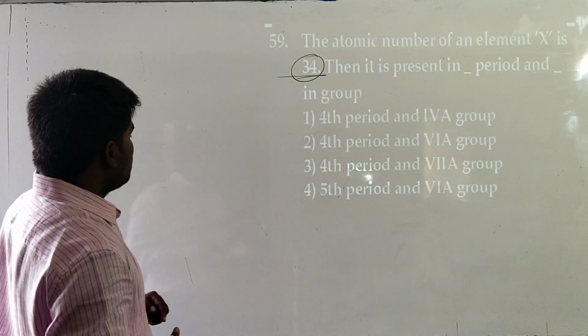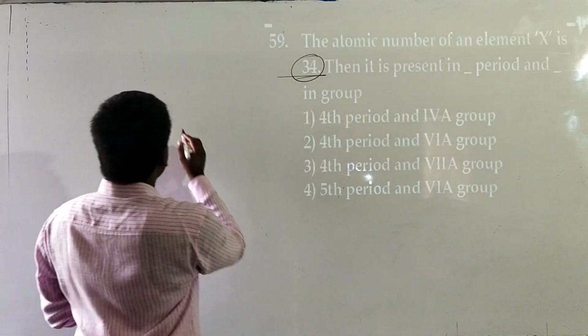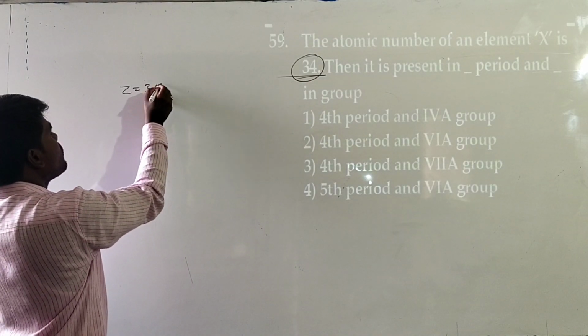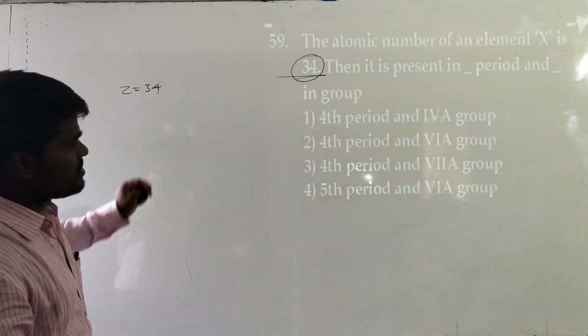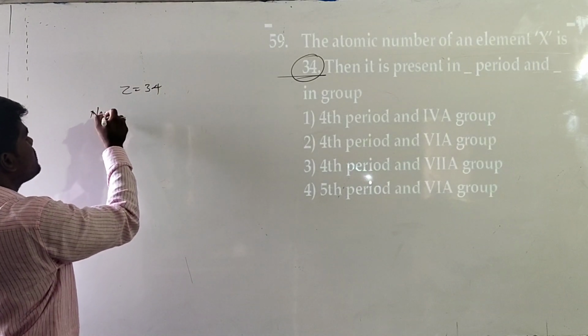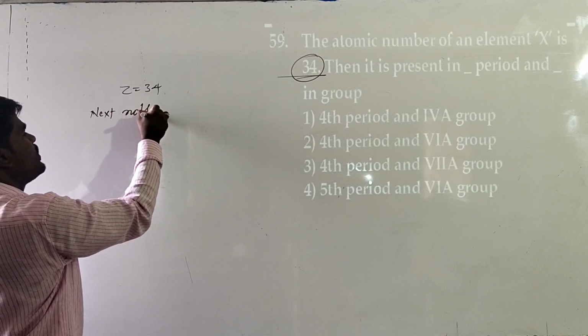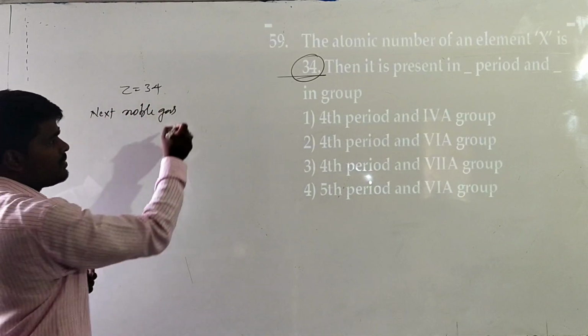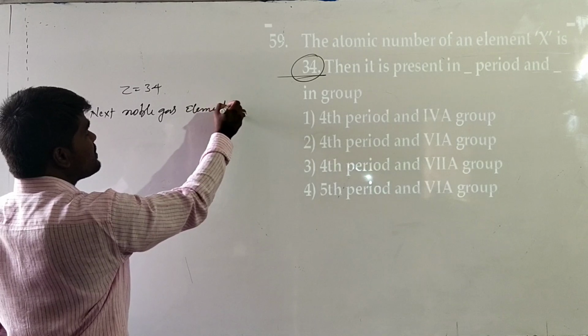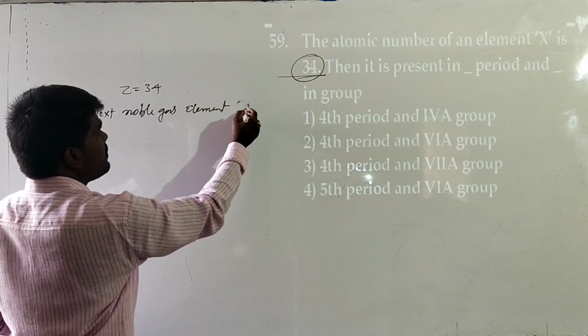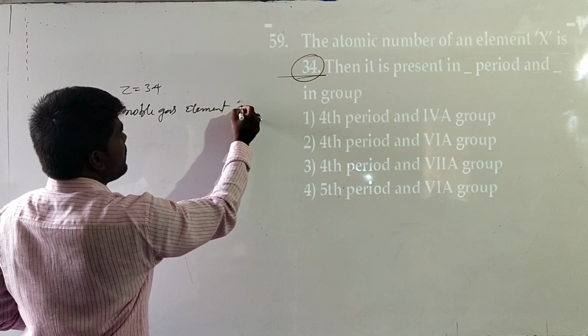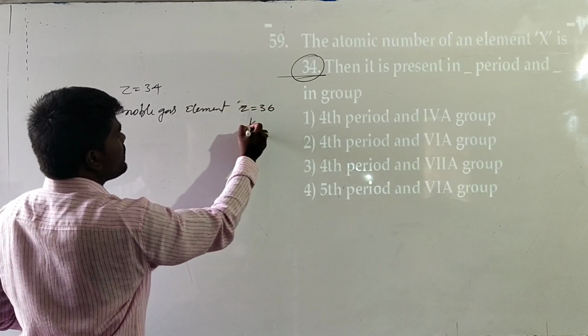Right? So here, Z is given as 34. What is the next nearest noble gas element? The next noble gas element is krypton. That is 36. Atomic number 36, which is nothing but krypton.